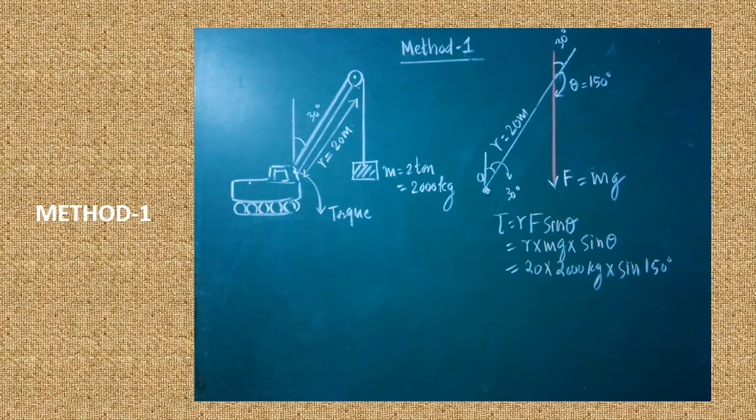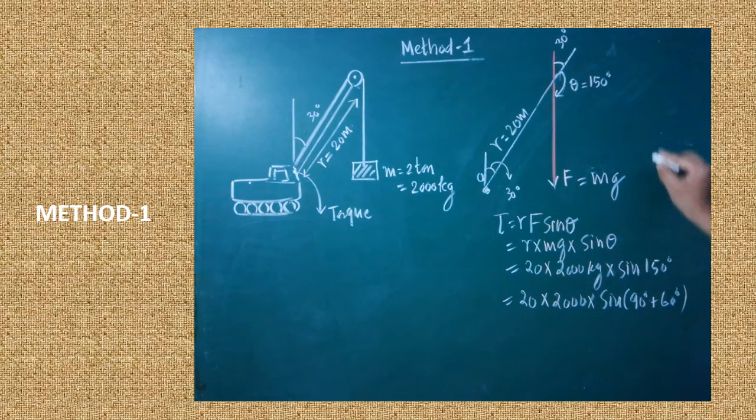Finding sin 150 is not easy from the log book, therefore it must be simplified. 20 into 2000 into sin, which can be written in terms of 90 degree plus 60 degree.